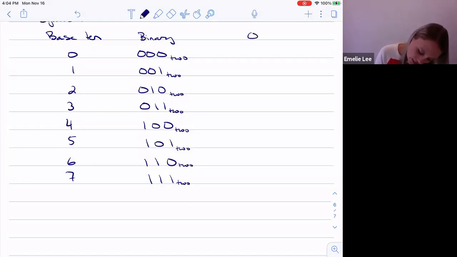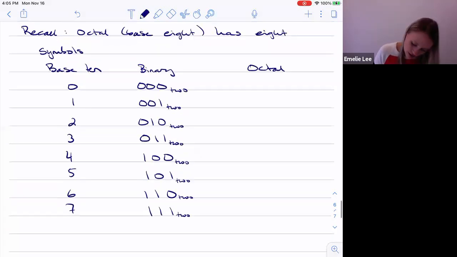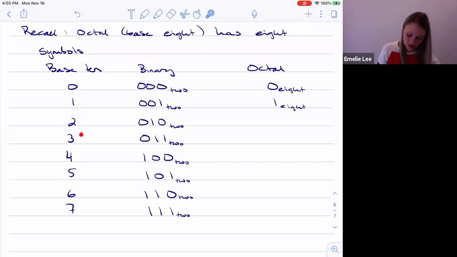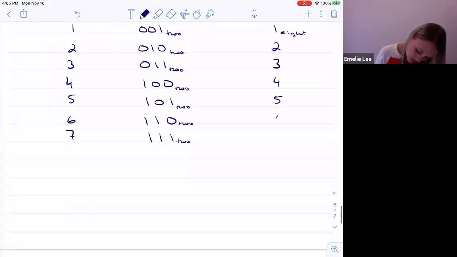So then in octal, which is base 8, this is going to be 0 base 8, 1 base 8, right? Because we only listed the first 8 symbols of octal, it'll be the same as our base 10. 6 and 7.